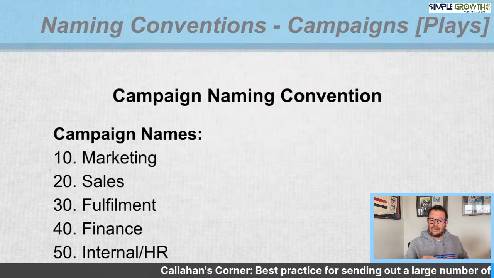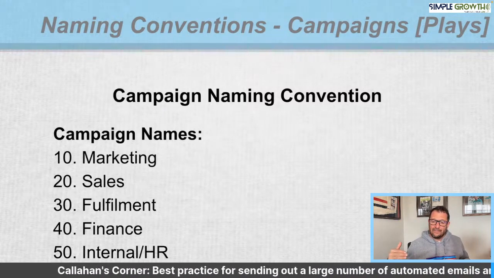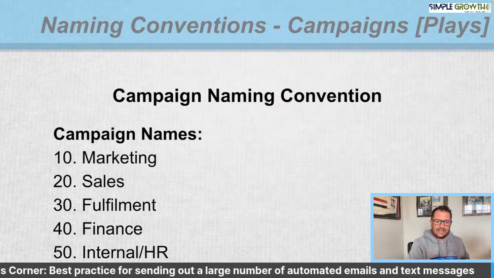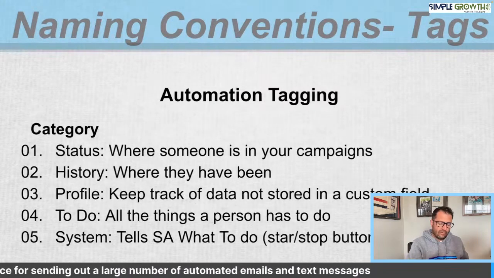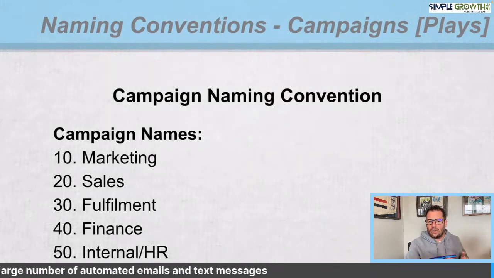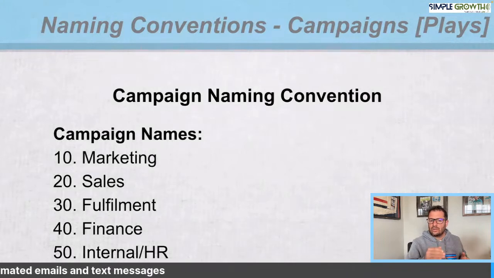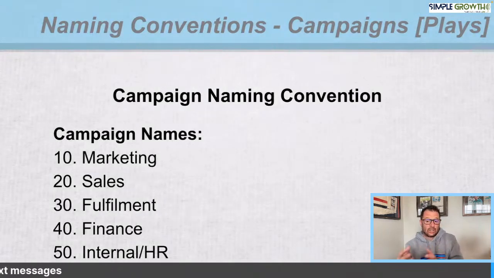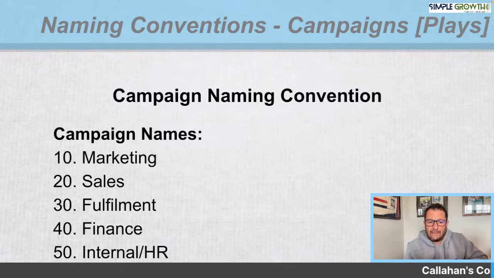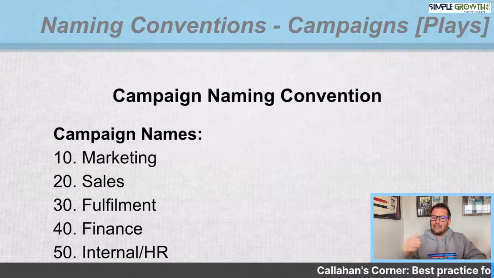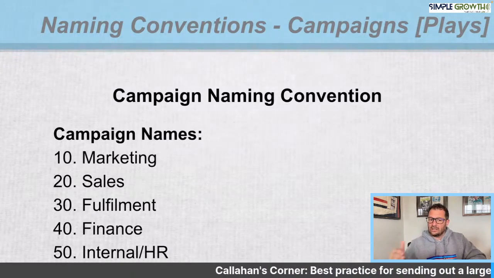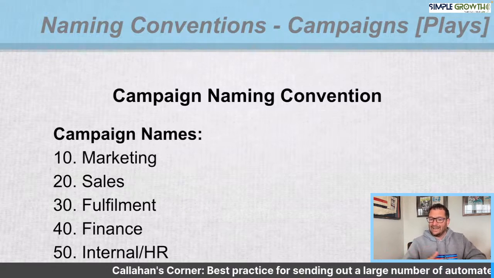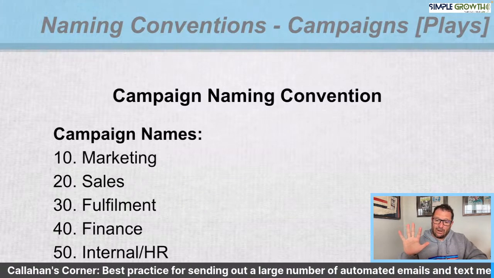But if we have those areas in our business we can automate, you can notice the tags here were 01, 02, 03, 04, 05. And now our tags here are 10, 20, 30, 40. These are the naming conventions for the actual campaigns. So our campaign areas are going to be 10 marketing, 20 sales, 30 fulfillment, 40 finance, and 50 HR. Those are the 5 areas that we can automate.